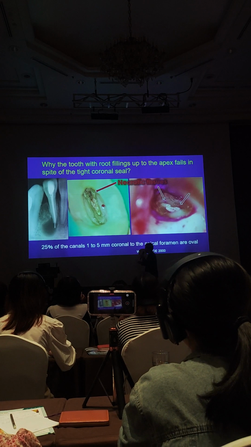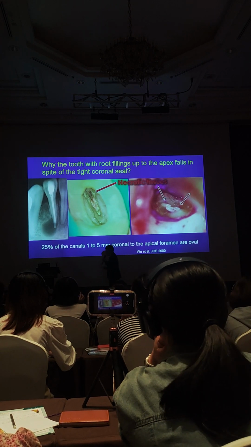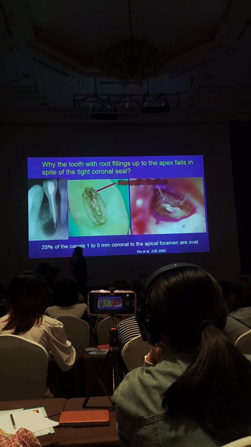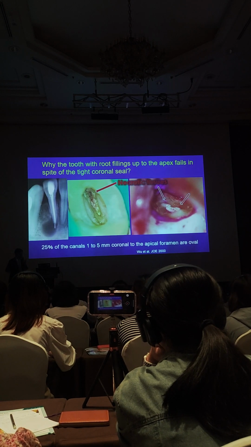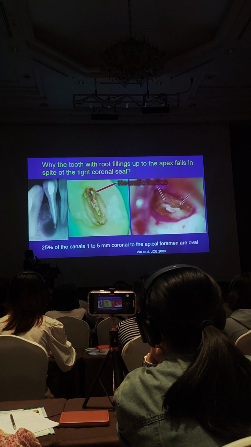So this is the reason why you don't have healing after the retreatment. This is why you need to use CBCT and the microscope. Very important. Without CBCT and without a microscope, it's impossible for me to find a defect like this.